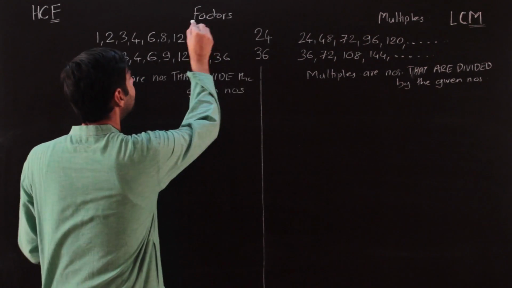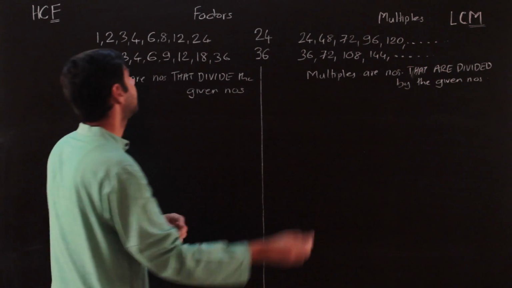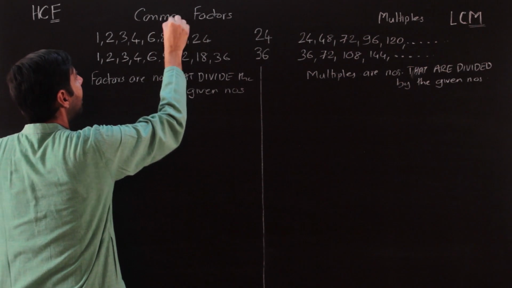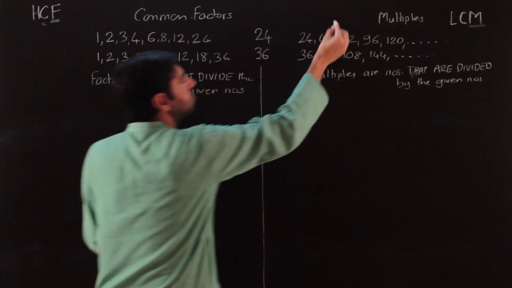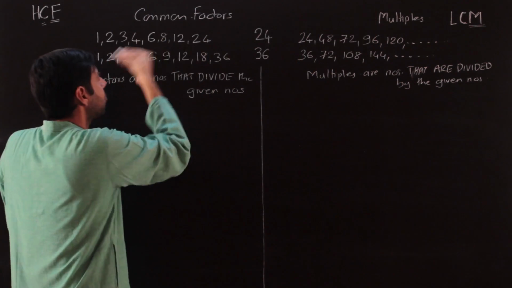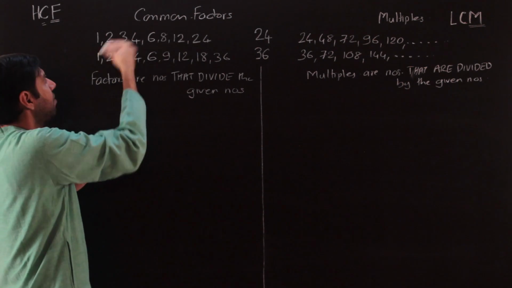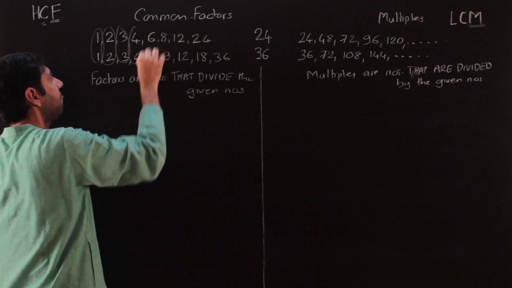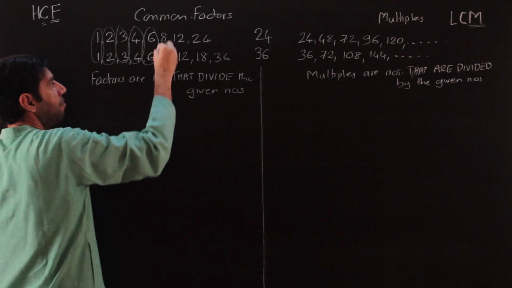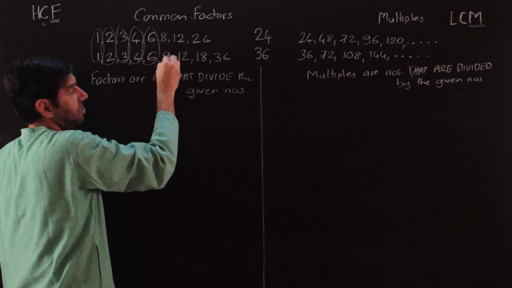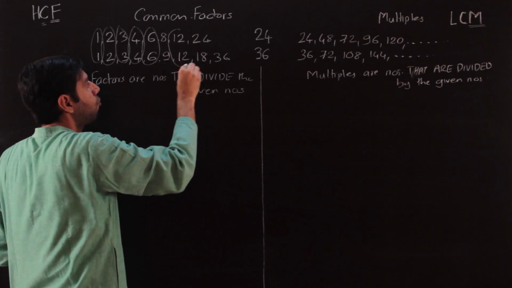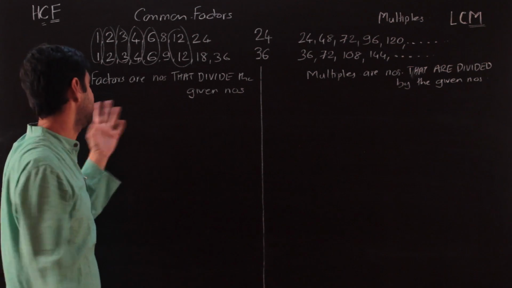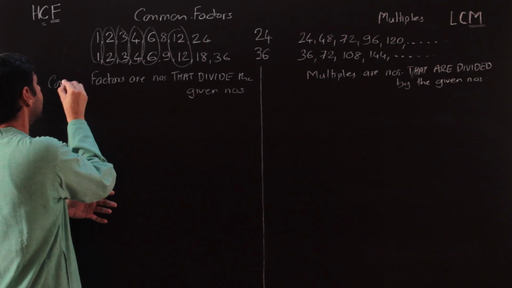So we have our first words, factors and multiples. The second important word is common. C stands for common, in both the cases. So I want common to the two lists. 1 is there in both the lists, 2 is there, 3 is also there, 4, 6. So all of them seem common? No, 8 is not there in the second list. 9 is not there in the first list. 12 is common, 24 is absent here, and so on. And there are no more. So what are common factors now?